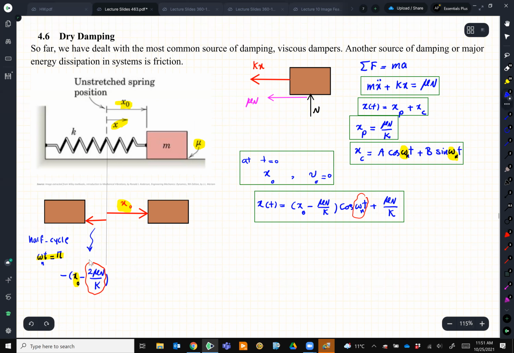What it tells us is that it's a linear decrease, because I was x0 and I get x0 minus this number.